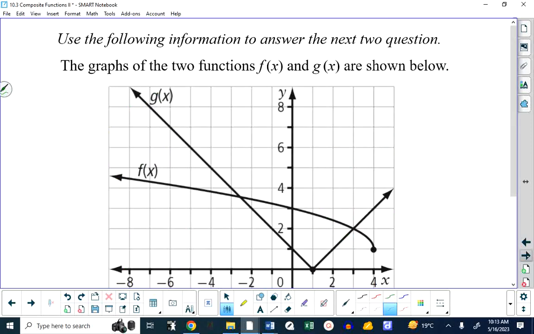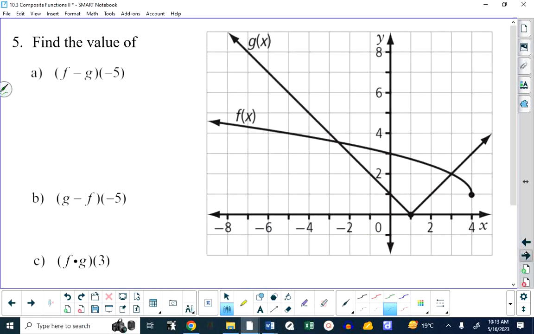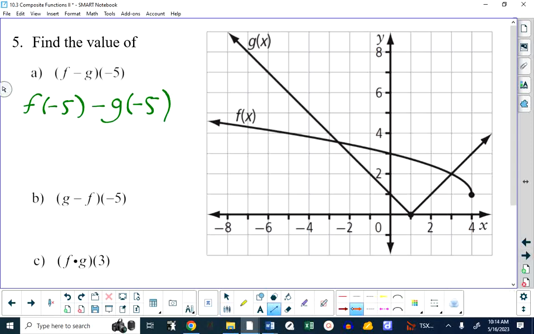Okay, so now we have graphs. What is f minus g of negative 5? Well, that means f of negative 5 minus g of negative 5. What is f of negative 5? Well, f of negative 5 means when you look at negative 5 and you look at the function f, what comes out when you put negative 5 in for x?